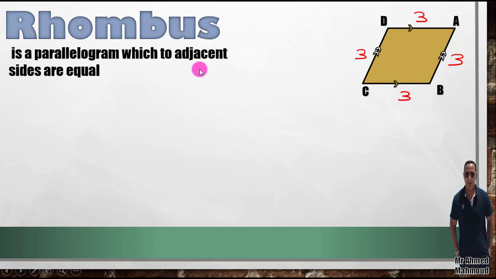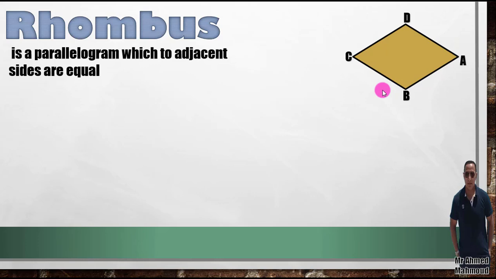So the rhombus is a parallelogram in which two adjacent sides, such as AB and BC, are equal in length. Now I'm going to rotate the rhombus to be as usual, the usual rhombus we are used to seeing, like this.